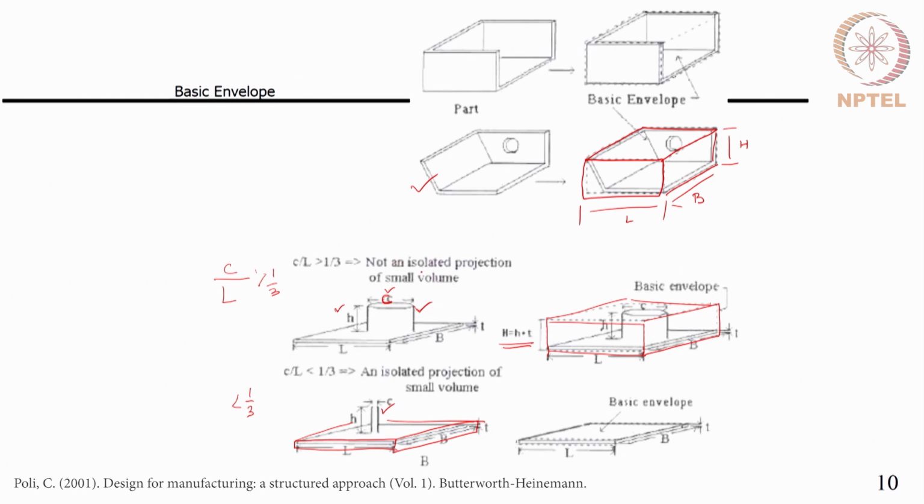So, one has to decide whether some projections are isolated projections or not to come up with proper estimation of the basic envelope. So, once we decide the basic envelope, our L, B and H are decided.